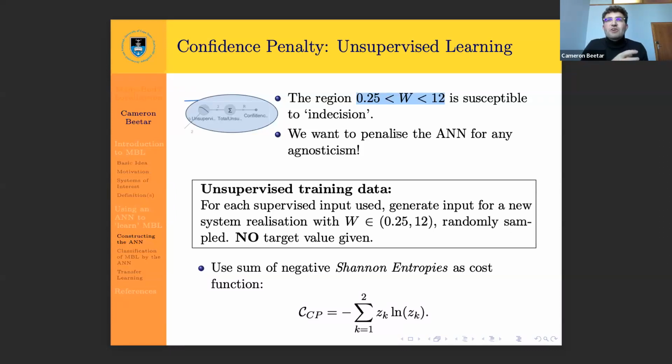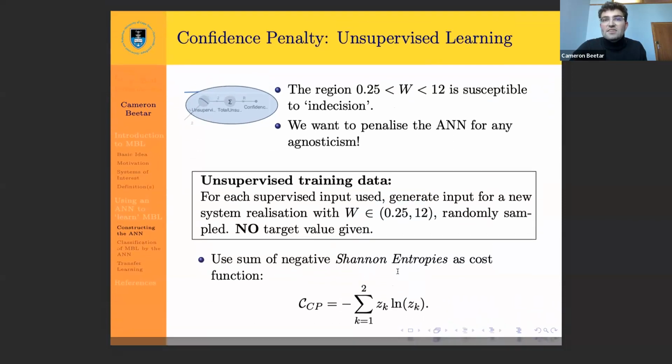How we're going to do that is, for each supervised input with a target, we generate a different input with disorder somewhere in the intermediate region. That's randomly sampled, so you get a pretty good distribution of disorders, and these come with no target value. We ask the network to churn out a value based on these intermediate disorders, and then we add an additional cost function, the negative Shannon entropy.